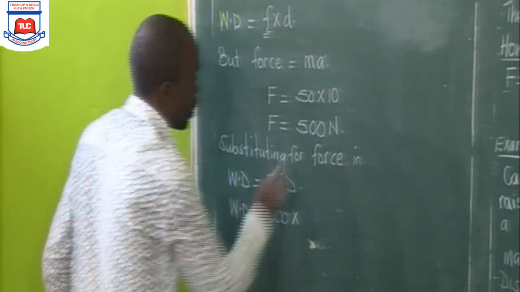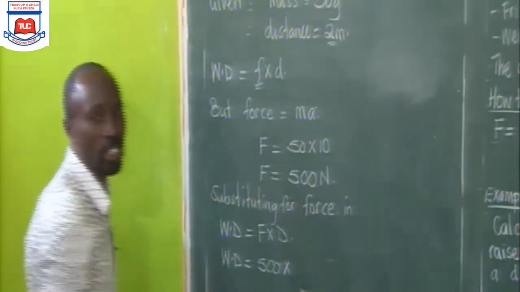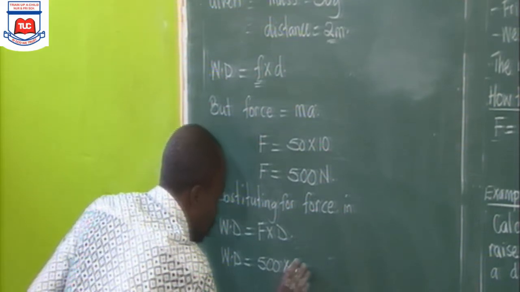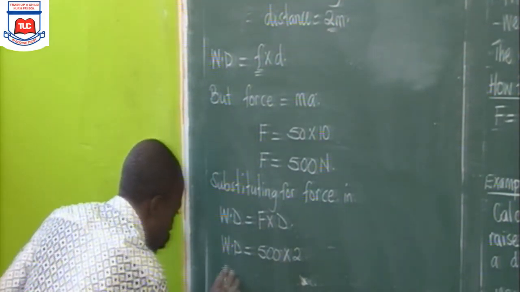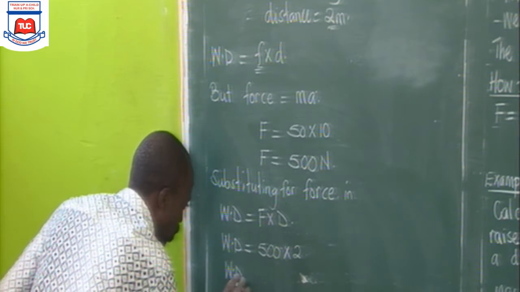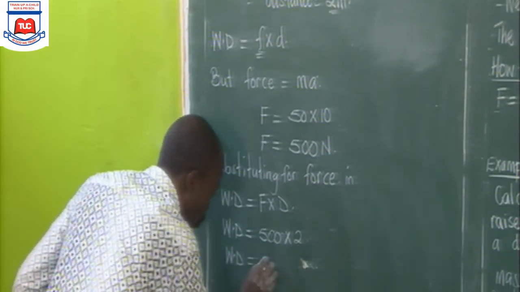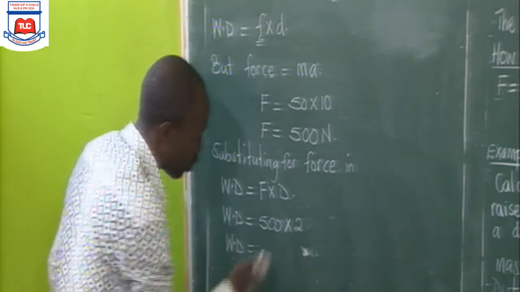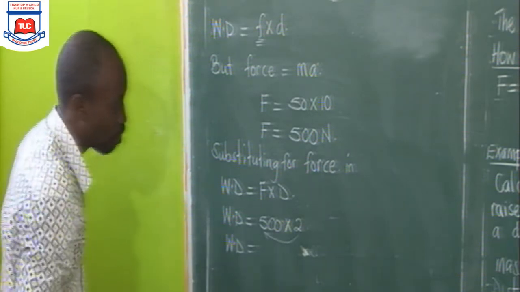Times our distance. Distance is given as 2 meters. We shall come and substitute for distance as 2 meters. So work done in this case is equal to 500 times 2. You can do side work if you can't multiply this quickly, but the easiest way is 5 times 2.